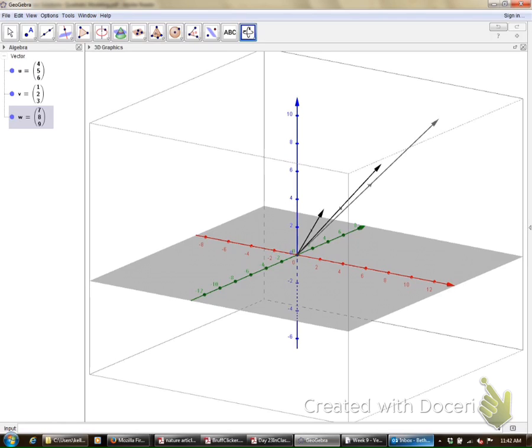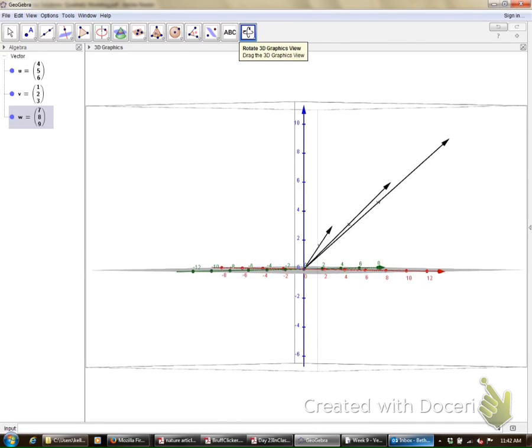I'm going to move it around in just a minute. But here the red axis is the x-axis, the green axis is the y-axis, and the blue axis is the z-axis. So I'm going to move these around so you can see them better.